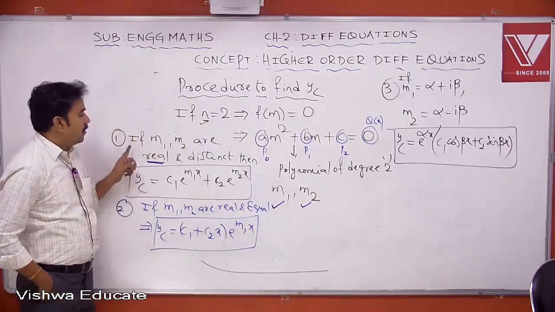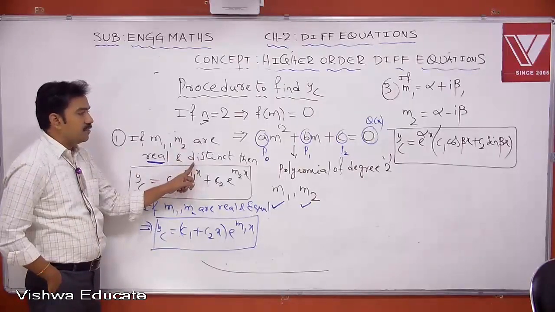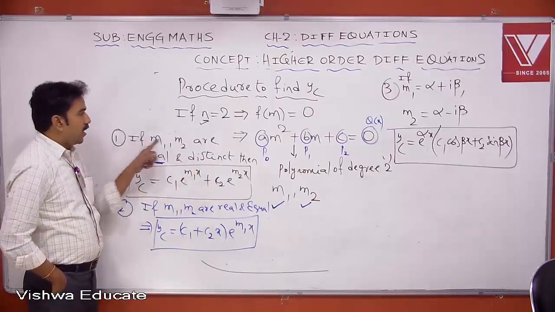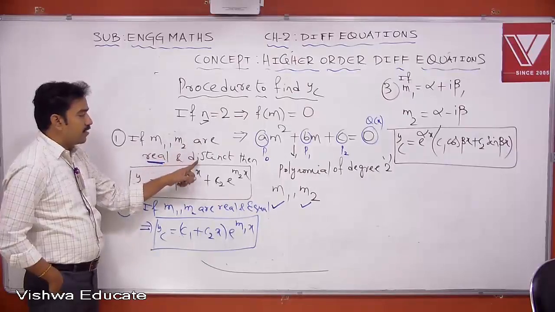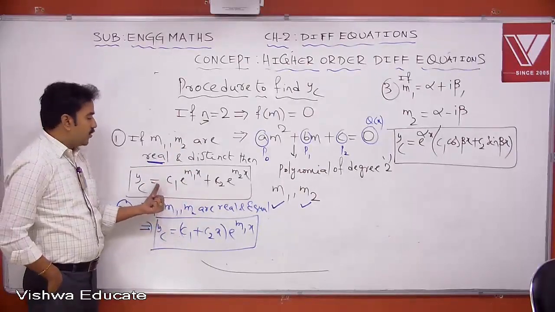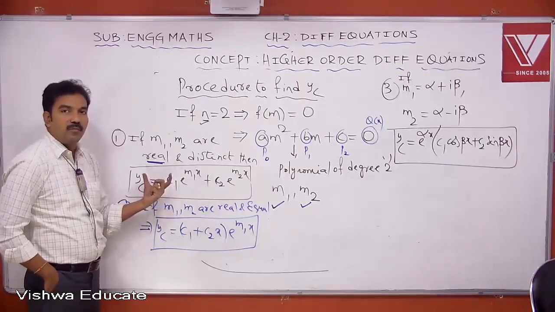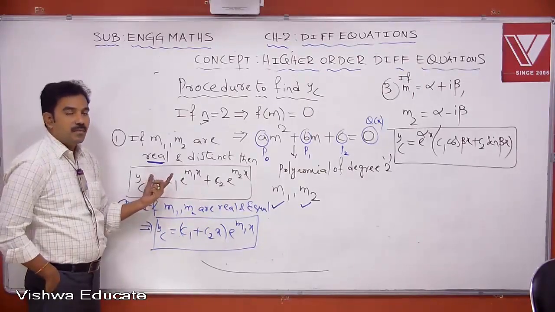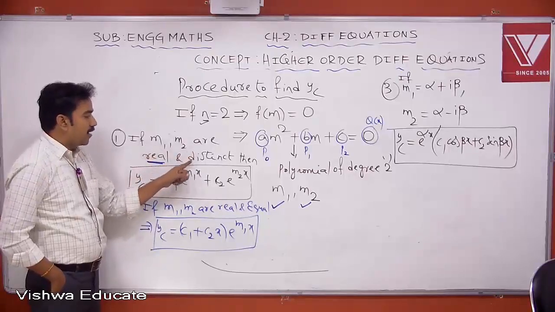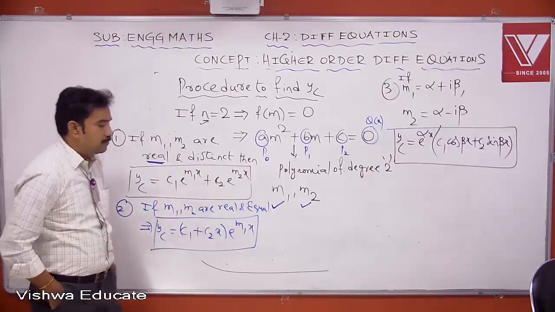Case 1. If m1, m2 are real and distinct, then yc equals c1 into e power m1x plus c2 into e power m2x. Case 2.